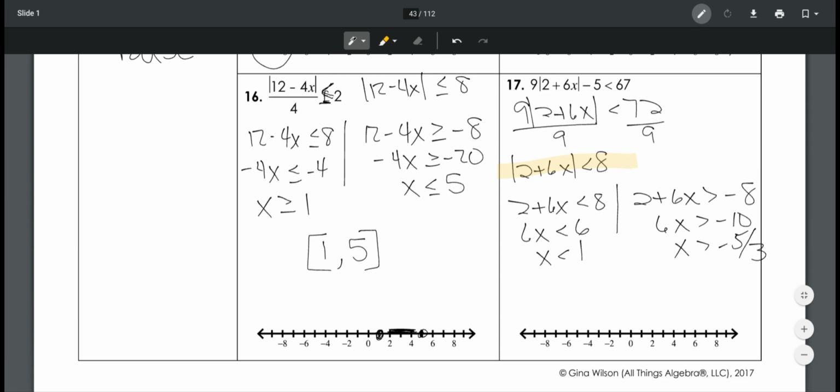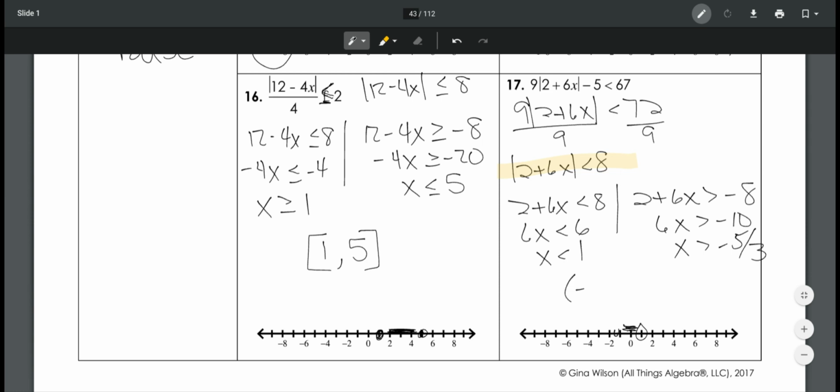So I am going to put an open circle on each one of these numbers. So an open circle on 1, and negative 5/3 is between negative 1 and negative 2. So somewhere in here, I need an open circle, and then you would shade everything in between. It's kind of hard to see, but you kind of get the point.